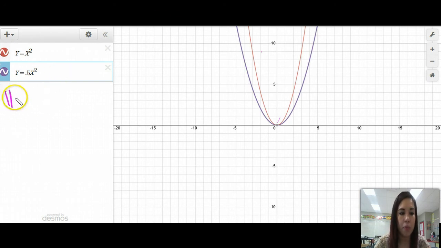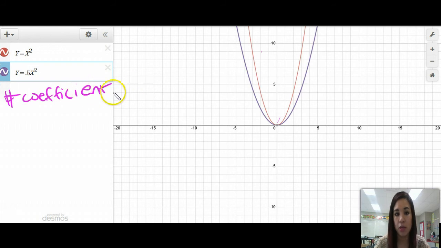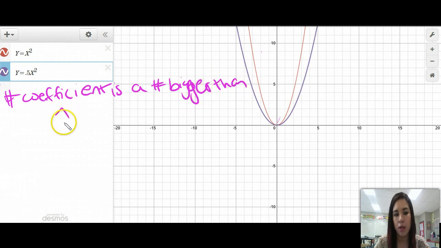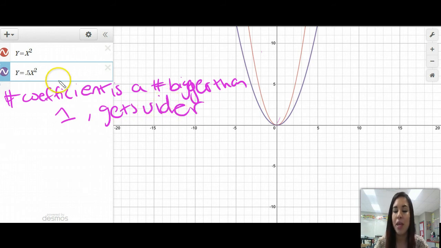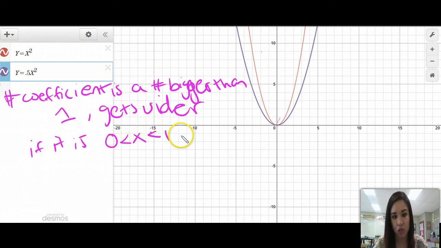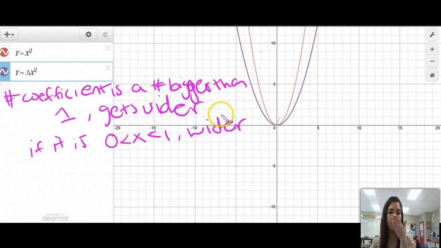Basically, if the coefficient, which is the number in front of x squared, is a number bigger than 1, it gets narrower. Sorry for my handwriting. And if it is between 0 and 1, so basically a fraction, it's going to get wider. Those are some things we've noticed.